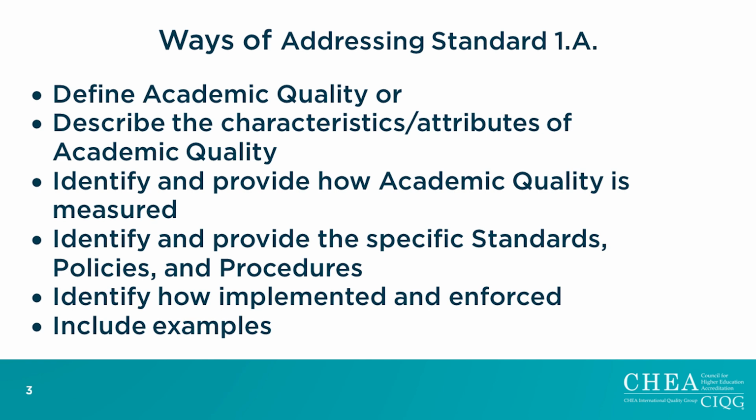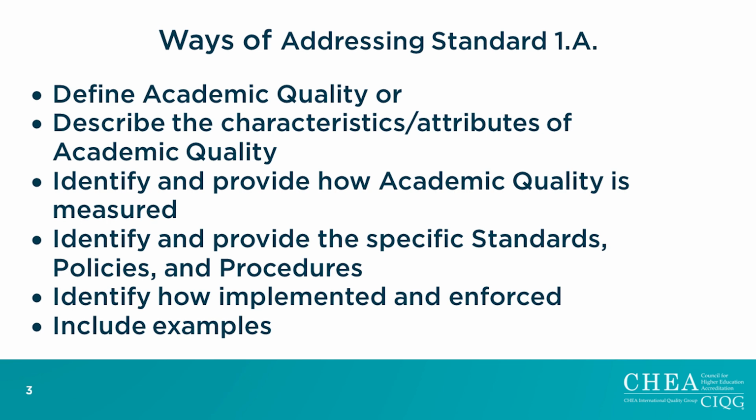Within the narrative should be examples of instances where an institution or program does and does not meet its definition of academic quality. For programmatic accrediting organizations, the characteristics or attributes should include the knowledge, skills, practices, and habits of mind it expects of graduates.